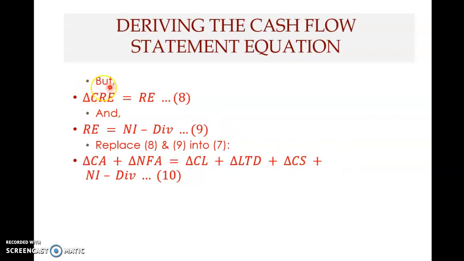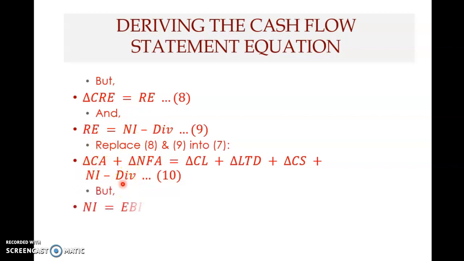But we replace this with retained earnings, and we replace retained earnings with net income minus dividend. Therefore we have this. So basically we have changed this in equation 7 to these two. So this replaces that component in equation 7.